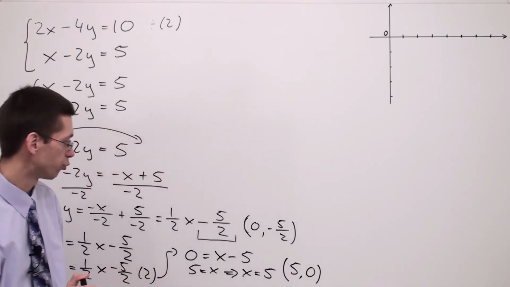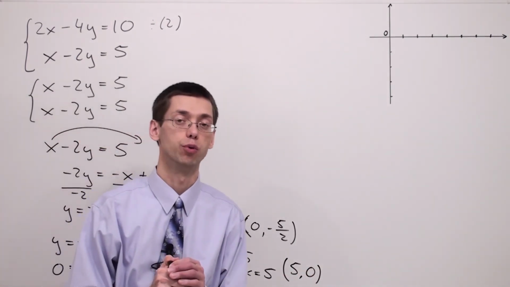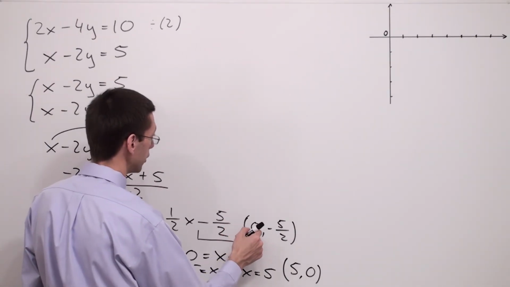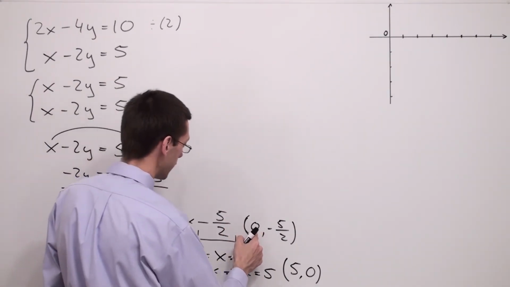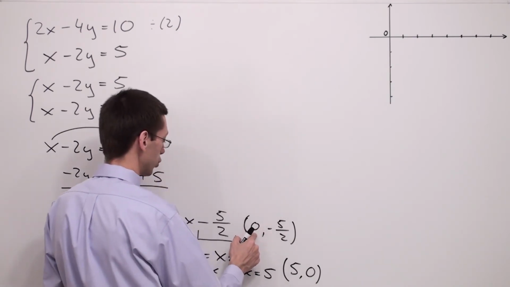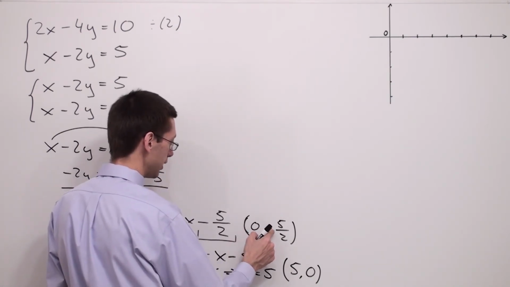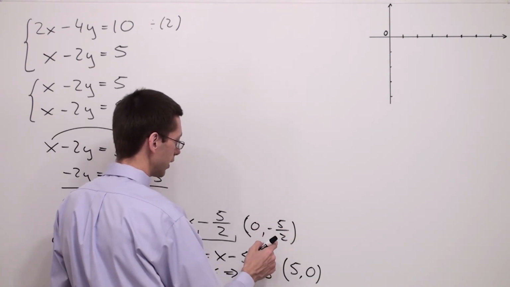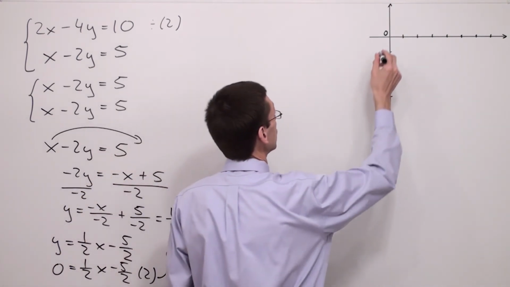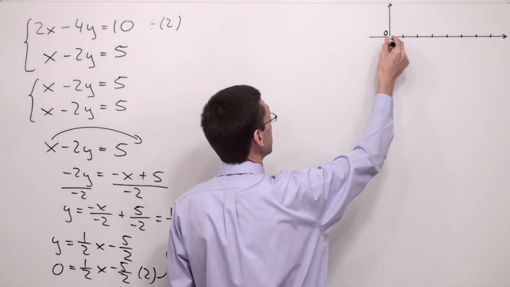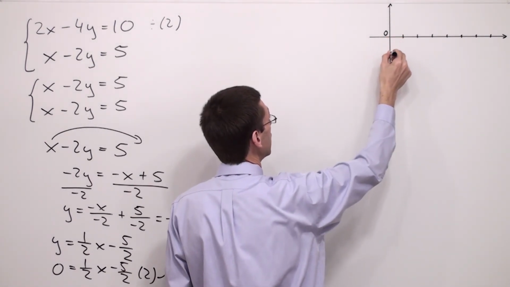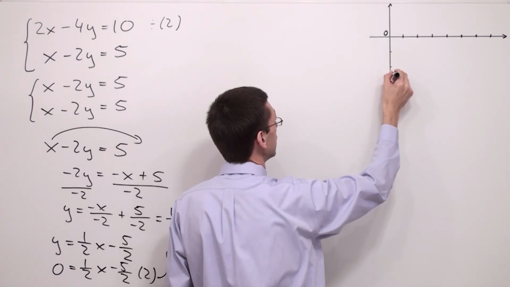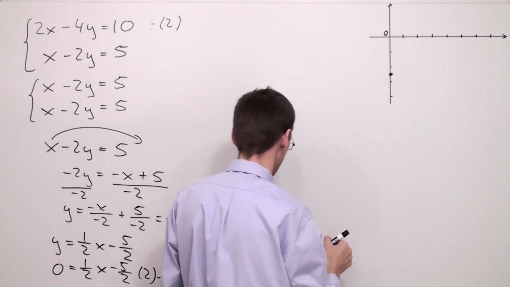Next we're supposed to graph these 2 points. In other words, I have my y-intercept with coordinates 0 and negative 5 divided by 2, which is negative 2.5. So I have 0 and negative 2.5. This is my y-intercept.